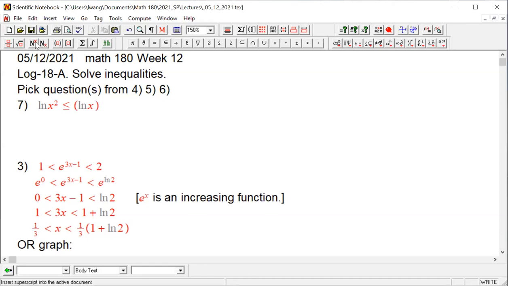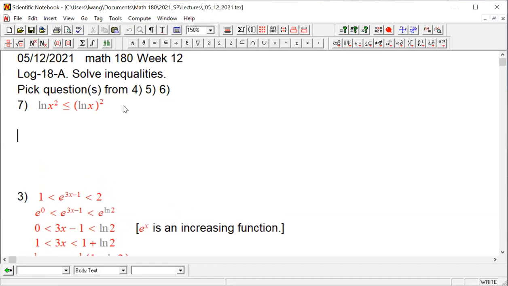When did we see it? Log 15, right? So we know the differences, we understand the differences. So we're going to move everything to one side.